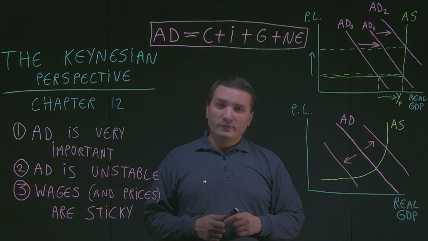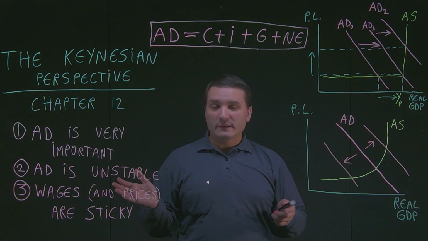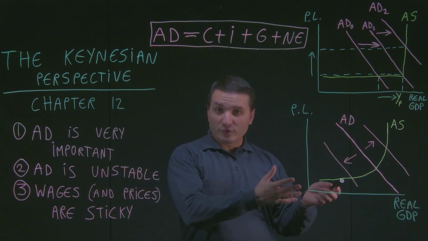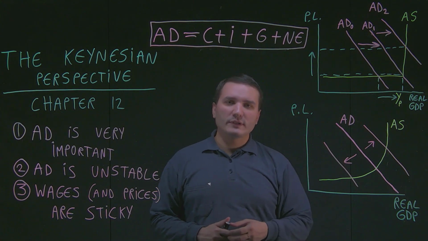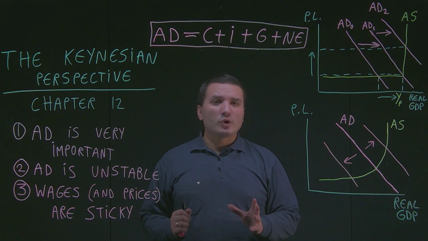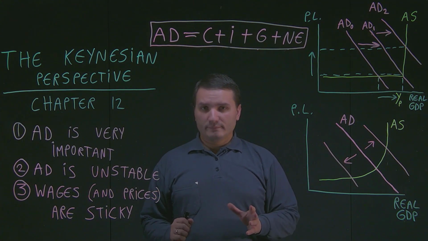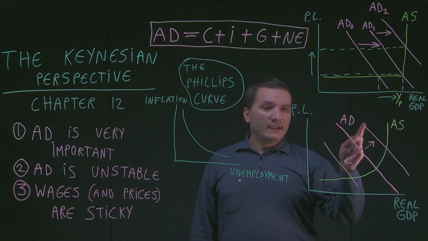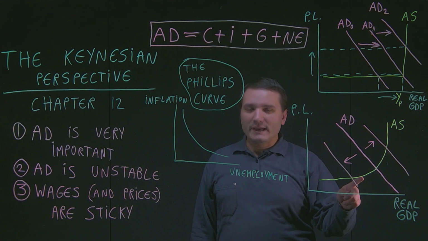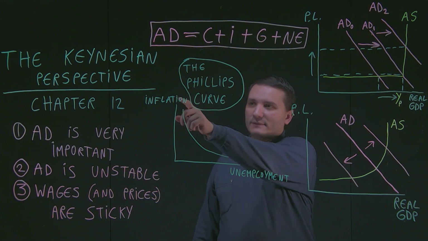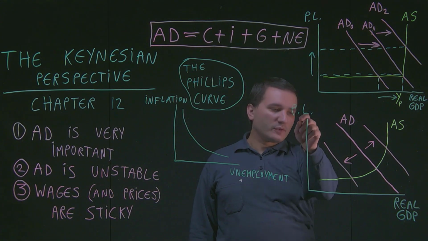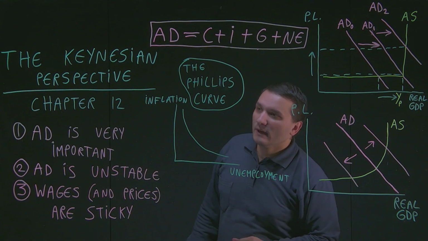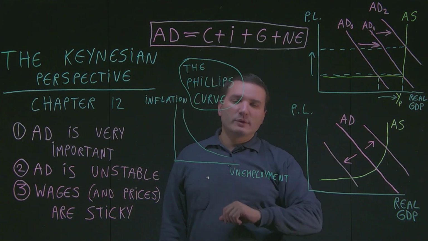This trade-off is represented with another curve, which has nothing to do with aggregate supply and demand; it's just derived from this trade-off. That other curve is called the Phillips curve. This is the Phillips curve. Again, notice, it is not an aggregate demand or an aggregate supply curve. The axes are inflation and unemployment, not price level and real GDP. Specifically, they're the inflation rate and the unemployment rate.